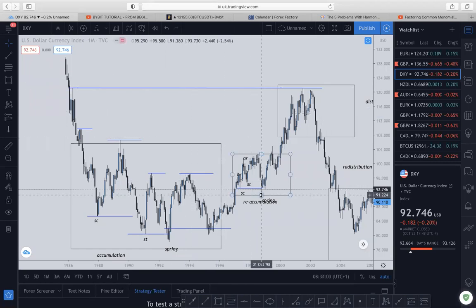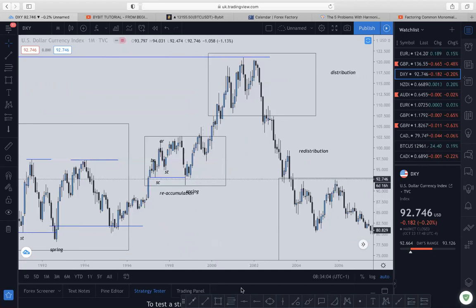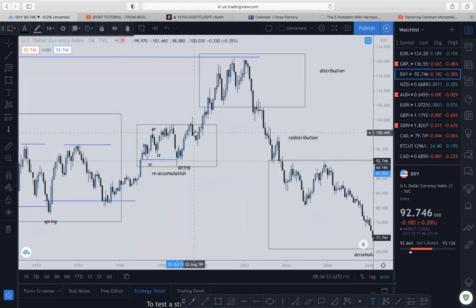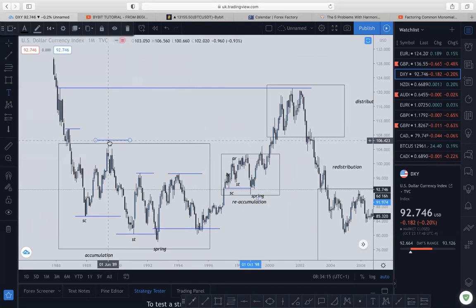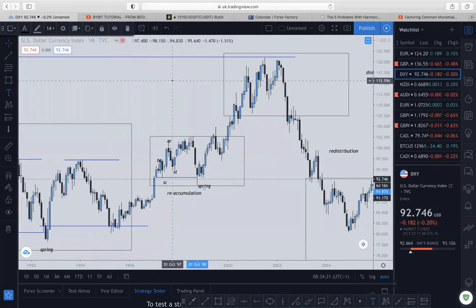So from now, we have the reaccumulation. Now we see the spring again. The spring comes down to clear all the liquidity. And once again, we see price walking up, clearing that liquidity, clearing that liquidity, clearing that liquidity. And what happens? We start to redistribute.